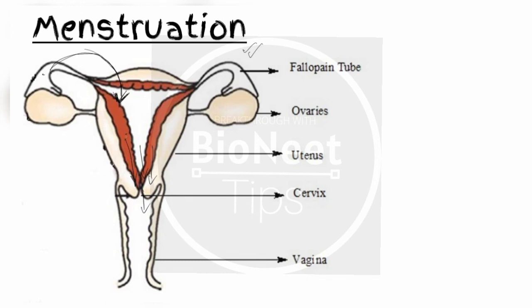The uterine wall is ready to accept this non-fertilized ova by having a very thick layer, which then moves out of the cervix and the vagina as blood and mucus. This process is called menstruation.